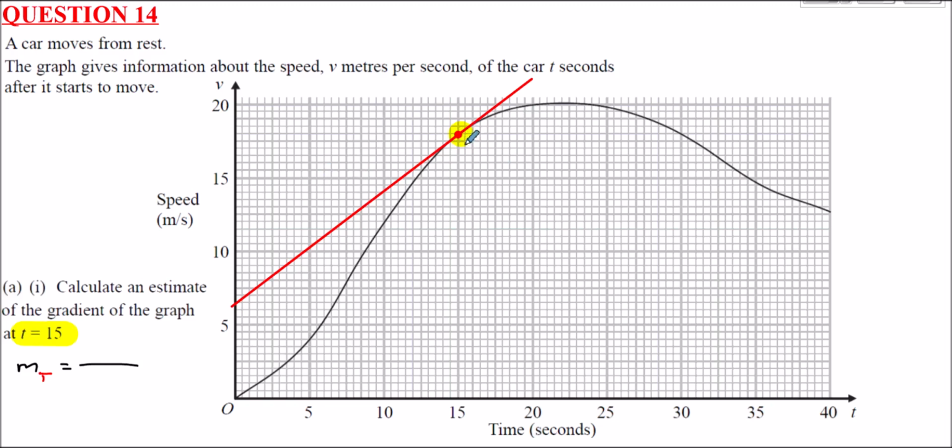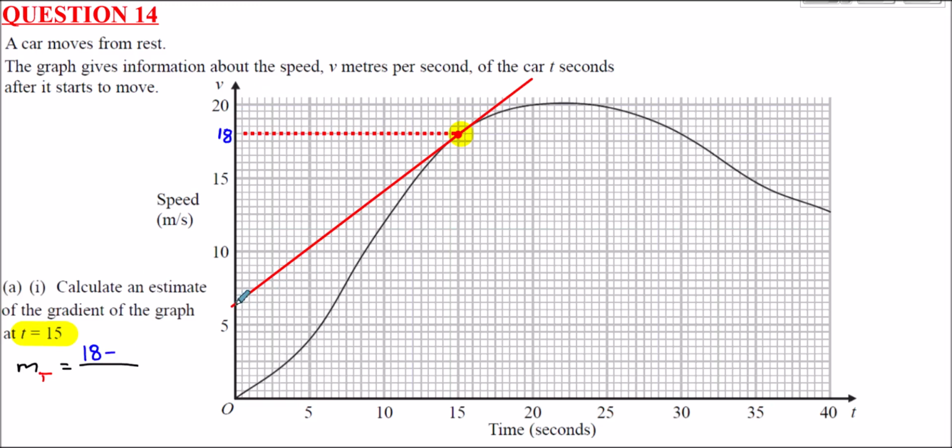So, looking at what I think it is here, when the time is 15, just reading off and along, like so, I make that to be 18. So the change in y is 18 minus a different point I need to pick.